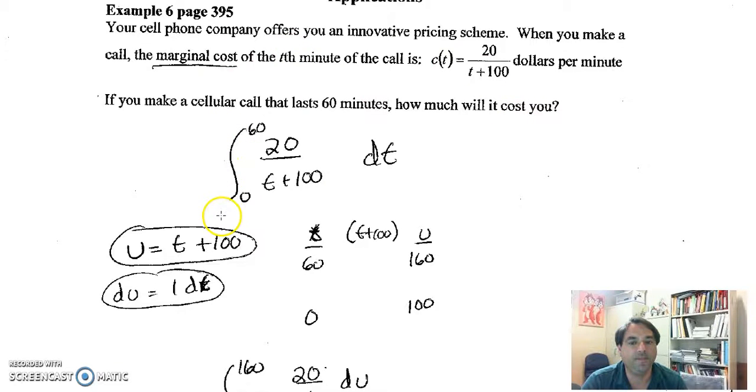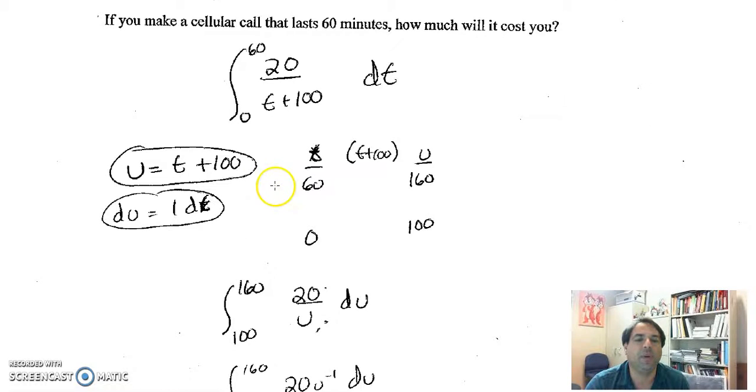We take the integral of 20 over t plus 100 dt, and a 60-minute phone call starts at 0, lower bound, ends at 60. That's where the numbers come from. So we have 20 over t plus 100 dt. Doesn't look very complicated, but still I have 20 divided by t plus 100, so this is going to be a u substitution problem. U is going to be t plus 100.